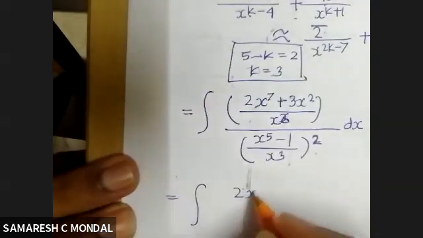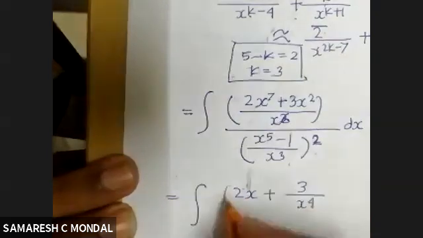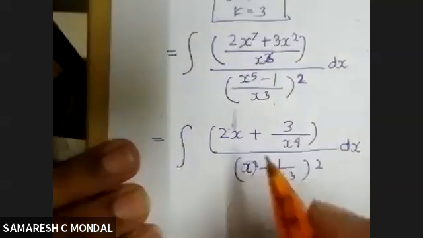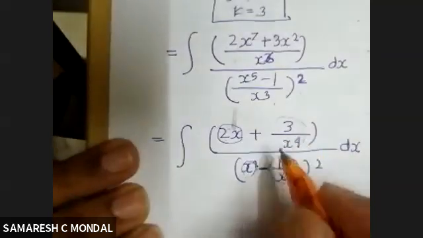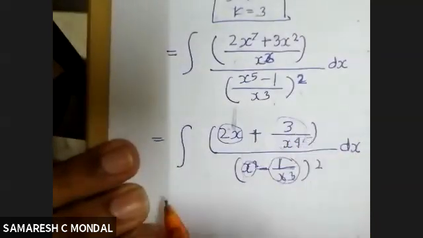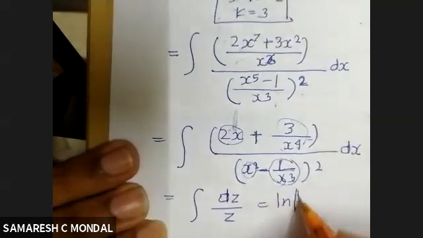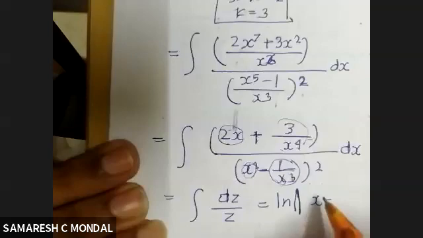So you get 2x plus 3x to the power 4 whole divided by x square minus 1 by x cube, the whole square, into dx. So differentiation of x square and differentiation of 1 by x cube is minus 1 by x cube, is plus 3 by x. So you get dz by z squared.